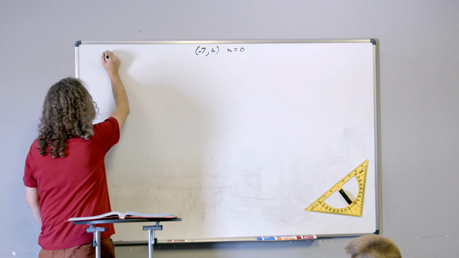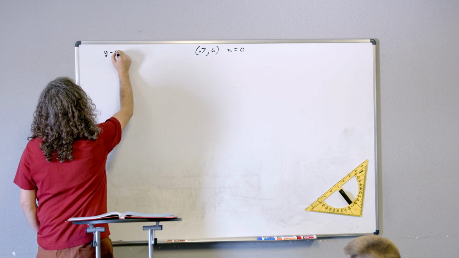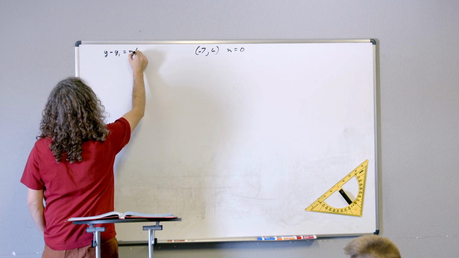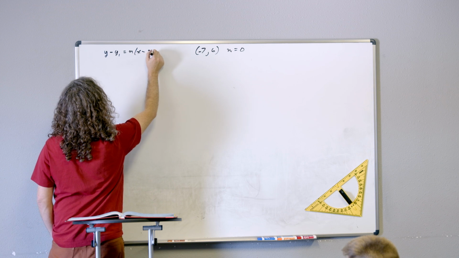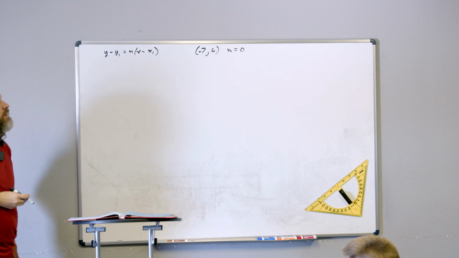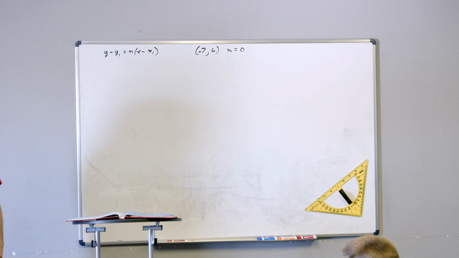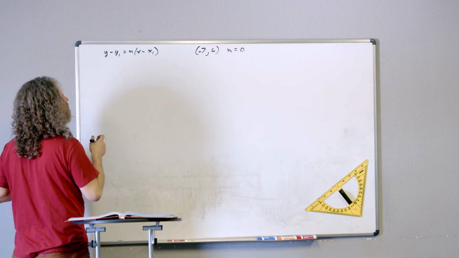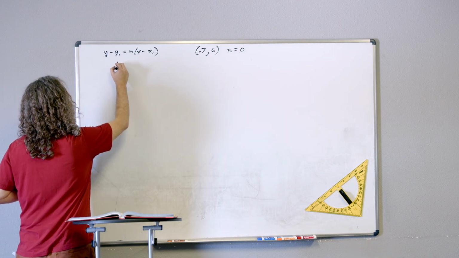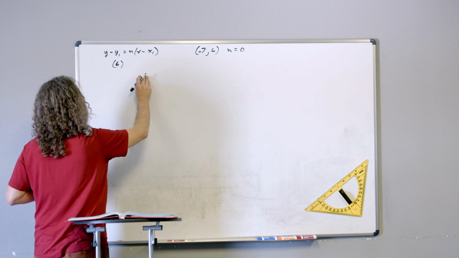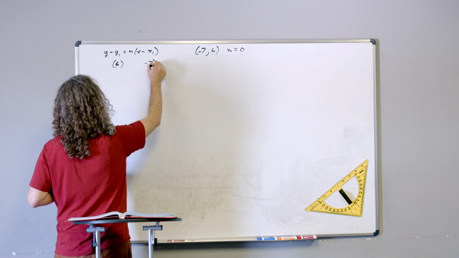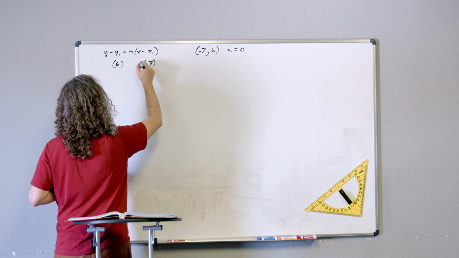Y minus y1 equals m times x minus x1. Great. So now what? Put 6 in for y1, negative 7 in for x1, and 0 is m.